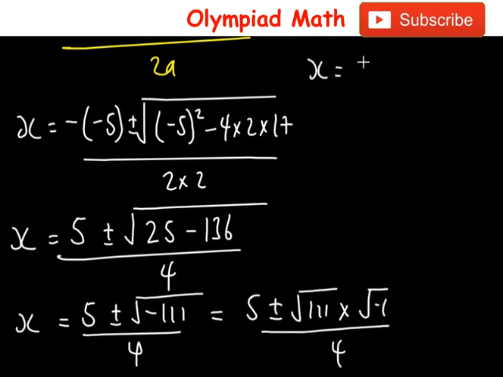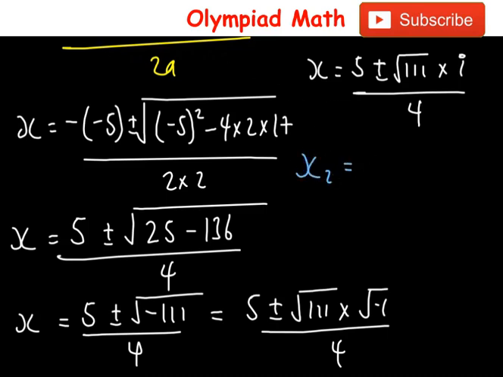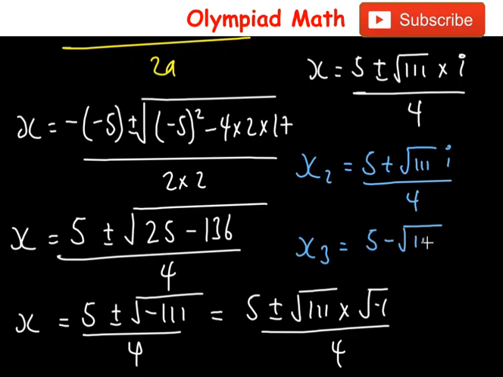So x is then equal to 5 plus or minus root 111 times root minus 1, which is i, all over 4. And with this, we have the second solution, x2, equal to 5 plus root 111 i over 4. The third solution of x is equal to 5 minus root 111 i over 4.